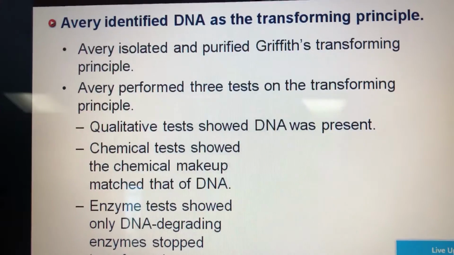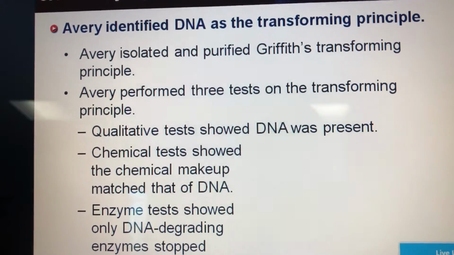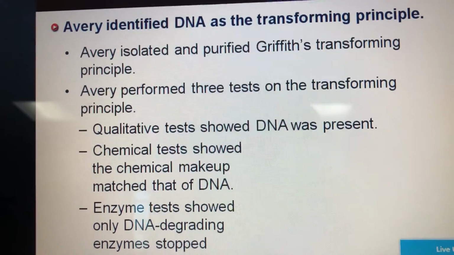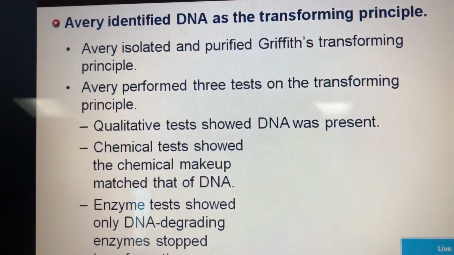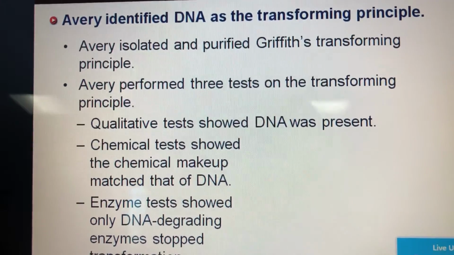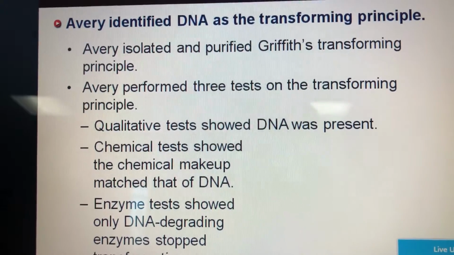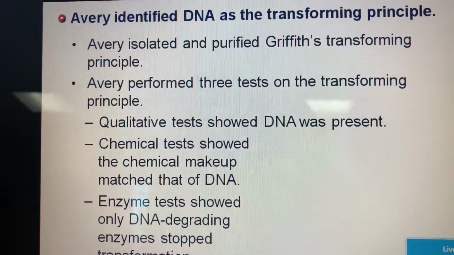They used component A and mixed it with the R strain, which is non-pathogenic, and injected it into a mouse. Then they took components B, C, and D, and did the same thing. They mixed each with the R strain, which is non-pathogenic bacteria, and injected it into a mouse. All the mice stayed alive except one.